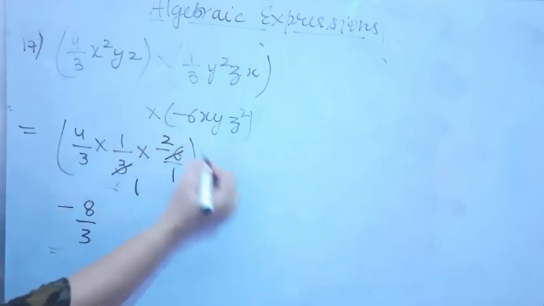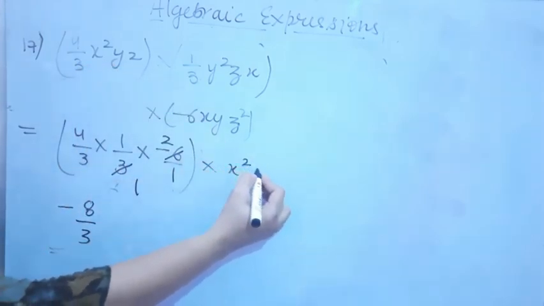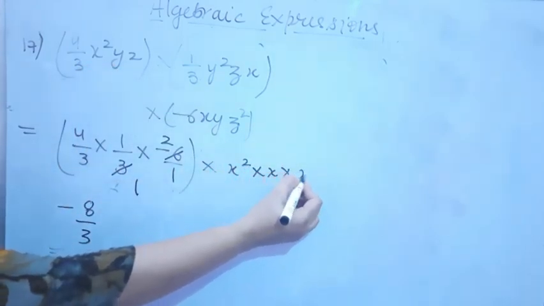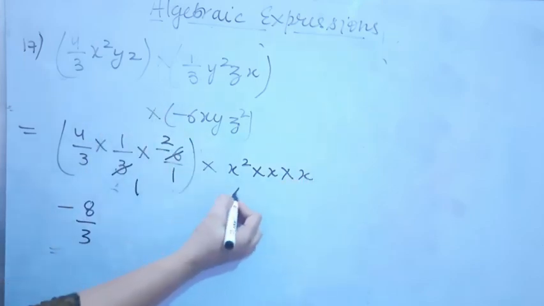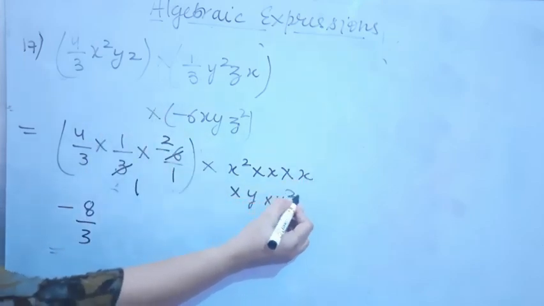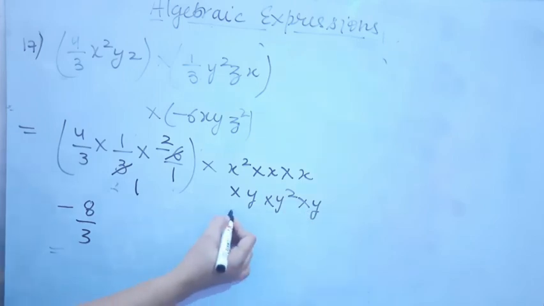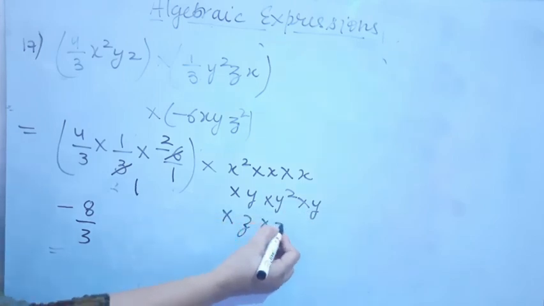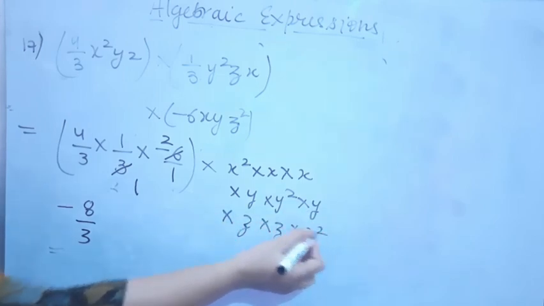Now multiplying the literal factors: x square multiplied by x multiplied by x, y multiplied by y square multiplied by y, z multiplied by z multiplied by z square.